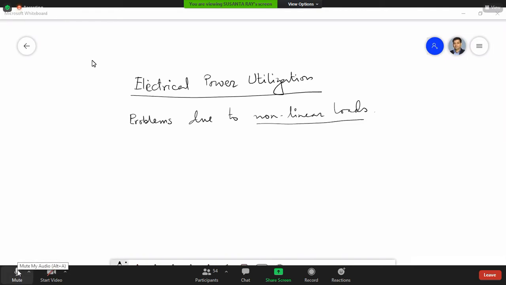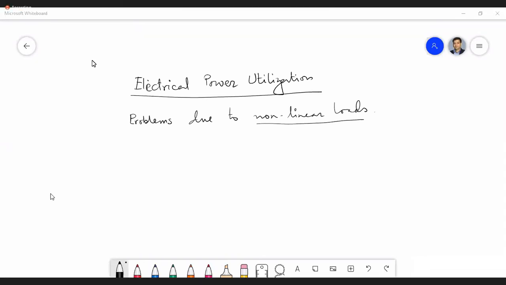So rectifiers, variable speed drives. Carbon bulb. Okay, so rectifier, correct. Rectifiers, variable speed drives, you can say electronic devices like a charger. The charger also consists of electronic parts, isn't it?